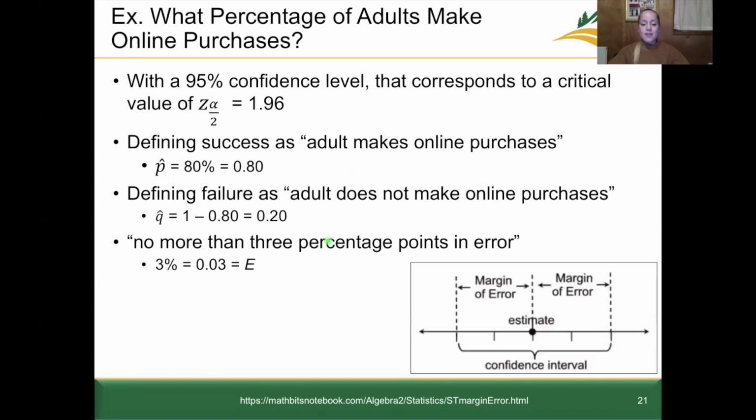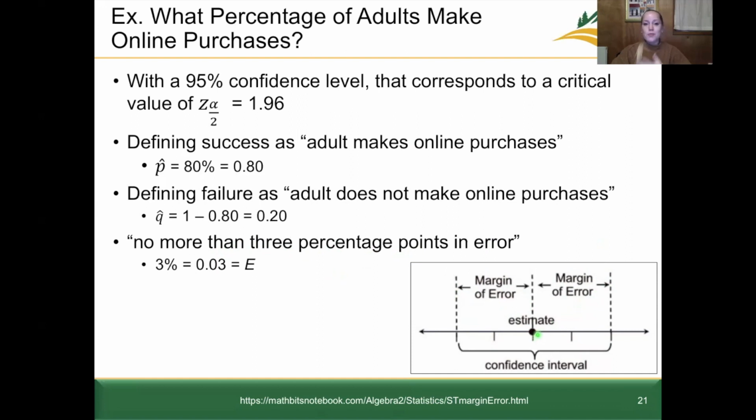To visualize what this means again, we have our point estimate here and our confidence interval limits. That's our p-hat value, or our point estimate, minus some margin of error, and then plus some margin of error. We're allowing 3 percentage points on this side of the point estimate and 3 percentage points on this side, because the question says no more than 3 percentage points in error.